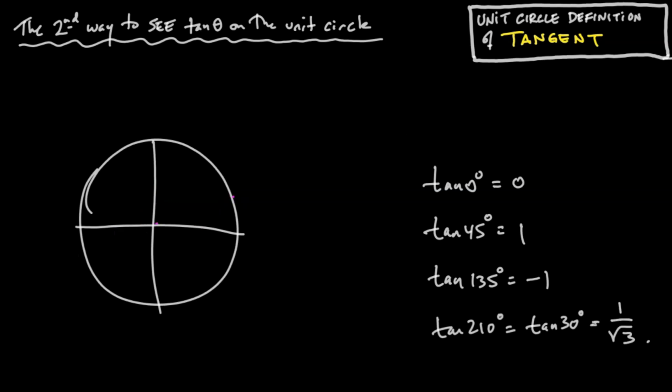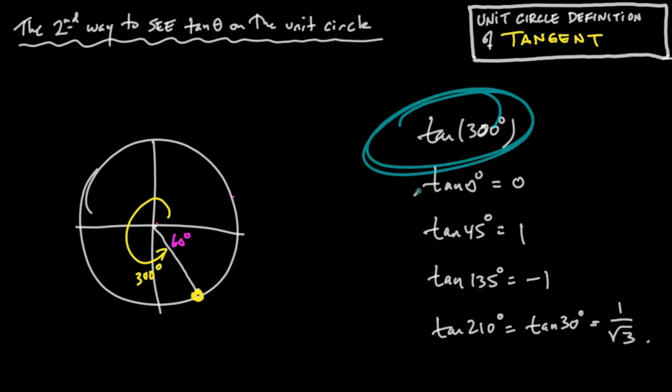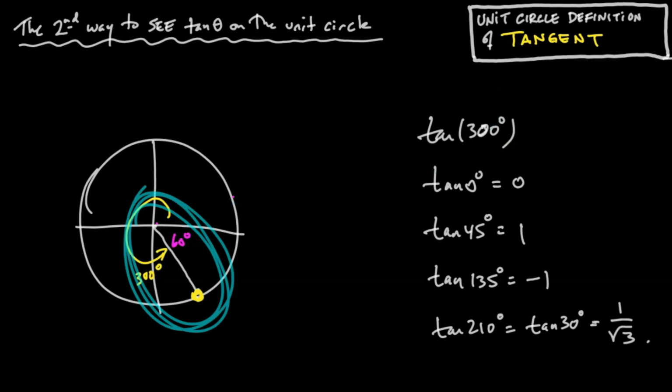Let's do one more like this. How about tangent of 300 degrees? Well, that falls short of a full rotation by 60 degrees. That would be our reference angle for our 300-degree angle. Will that help us? It will, because we know the tangent of 300 degrees is the slope of this line. Well, what's the slope of that line? Let's refer it back to something in the first quadrant.